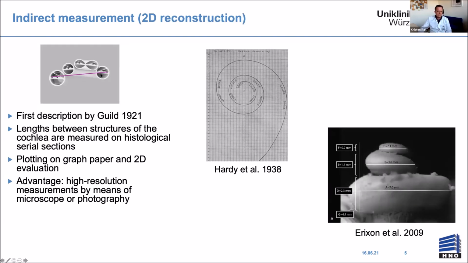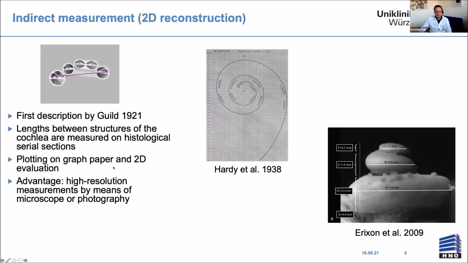Then the indirect measurements, also called 2D reconstructions, were first described by Guild in 1921. Here you measure the lengths between some structures in the cochlea on histological serial sections. Then these measurements are plotted, as nicely shown in one of the first publications of Hardy et al. 1938, in a 2D way, and then you can easily measure the length.